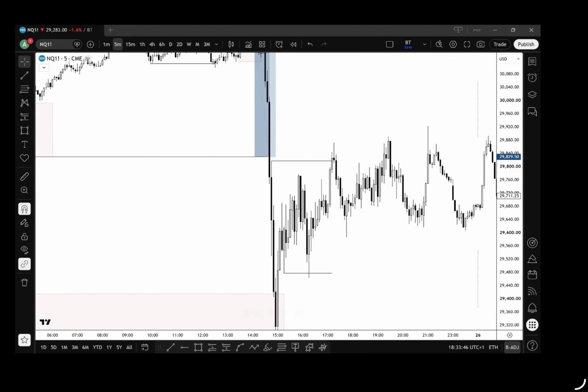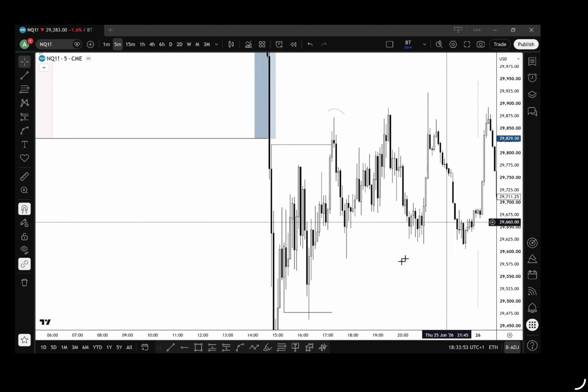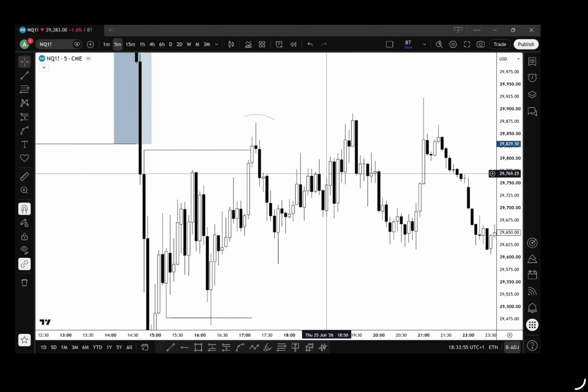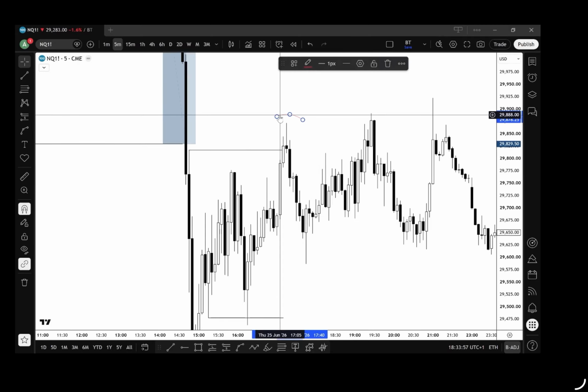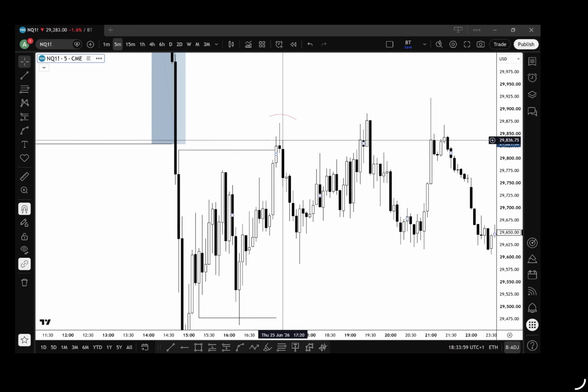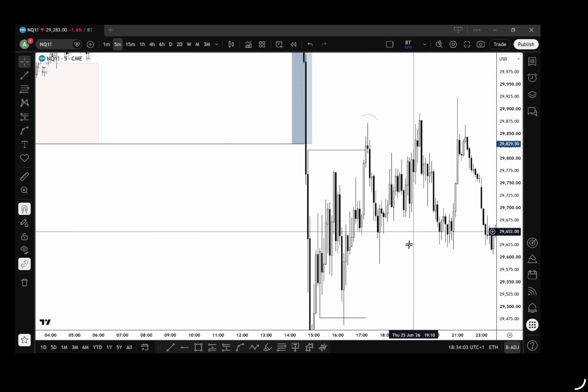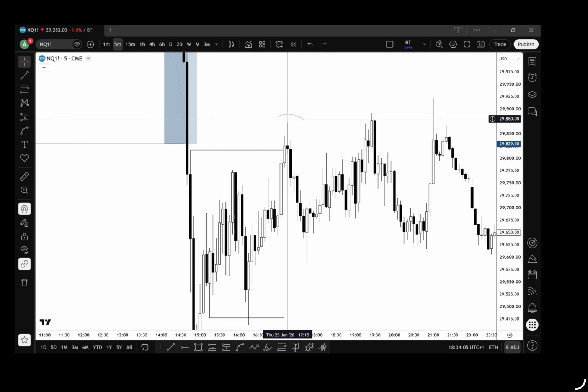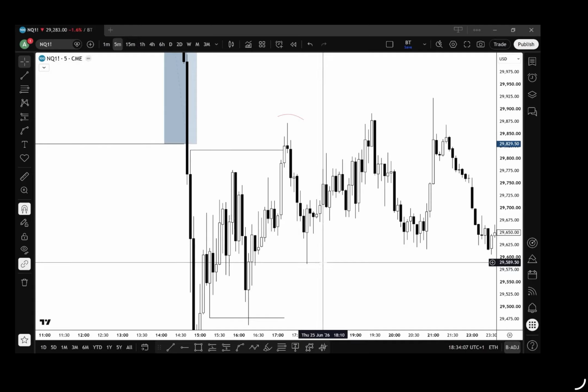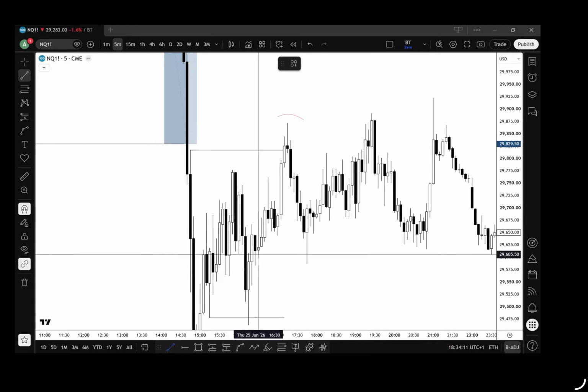So what this basically signified to me here is that what we now have is a liquidity block, okay. So I treated this as a liquidity block, and I waited for more PA, because I'm not trying to take a sell straight away. And what I started to see is after we took this high, we came and we took out these lows, okay.